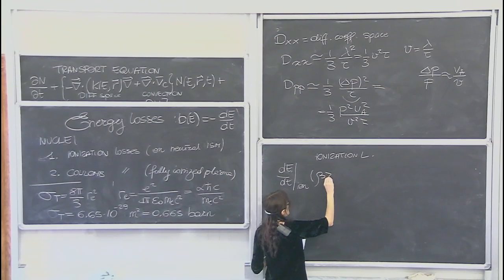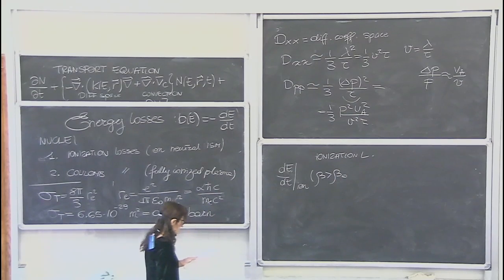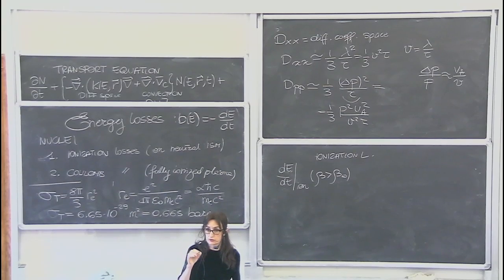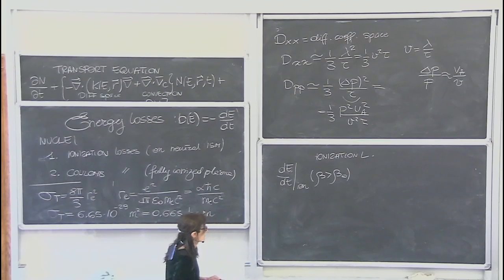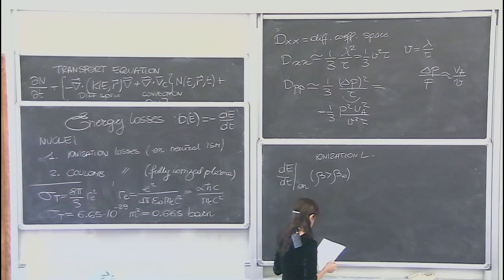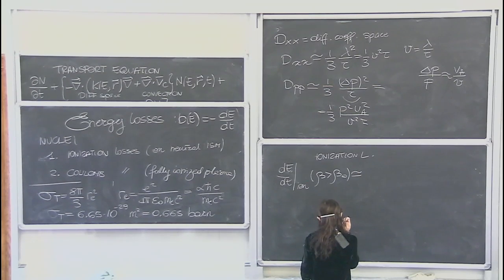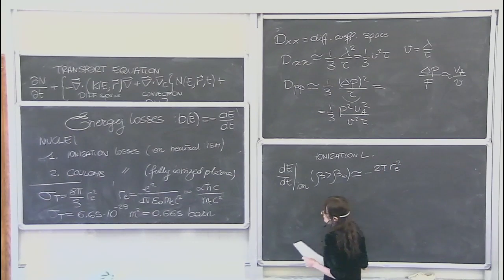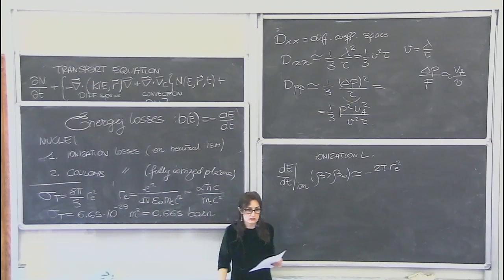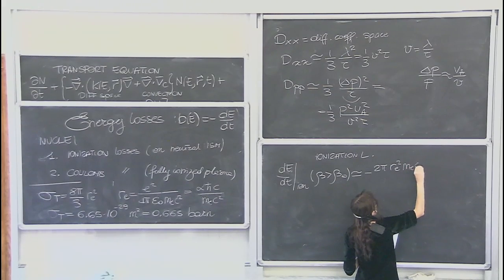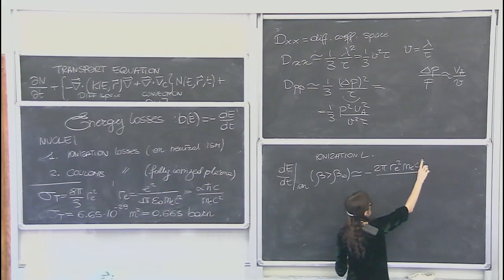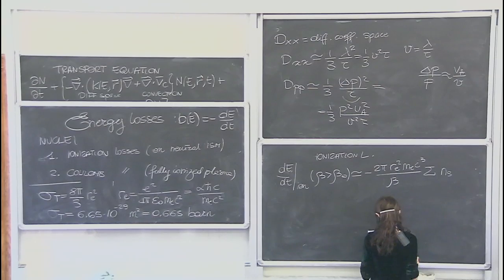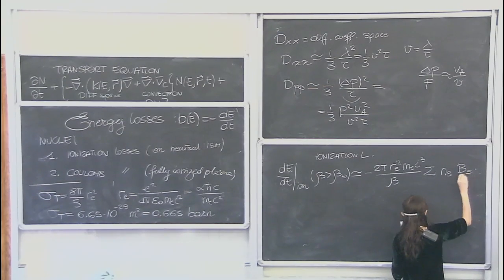For any speed greater than beta zero, which is the speed of the electron bound in the atom, and beta, of course, is the particle speed that we are dealing with, this expression is equal to minus 2 pi, the electron radius squared, which is written here, mass of electron c, this is c cubed, divided by beta. And then there is a sum on n times b s.